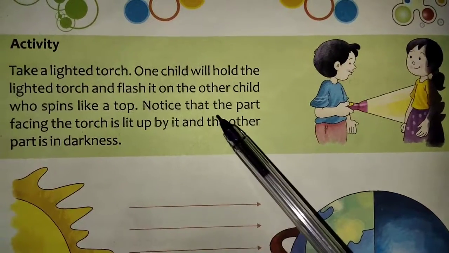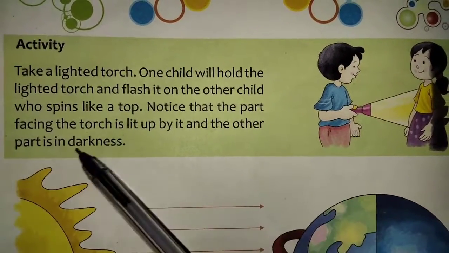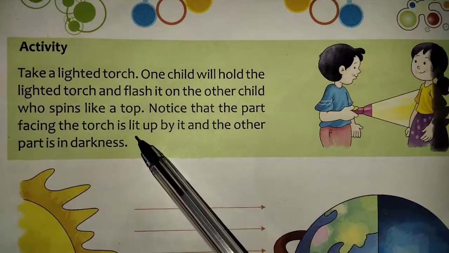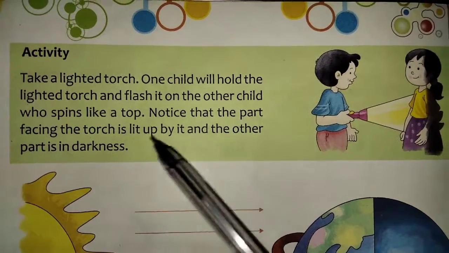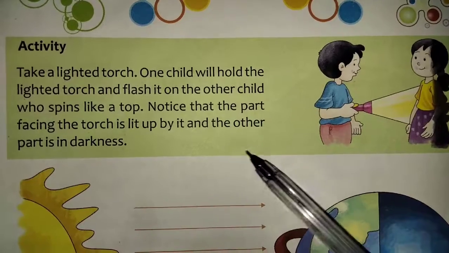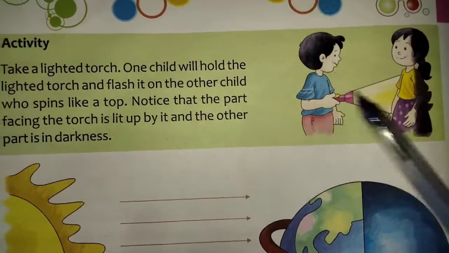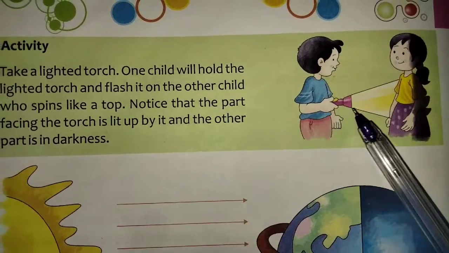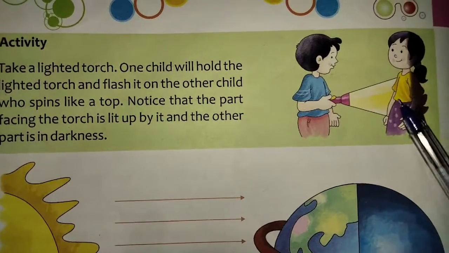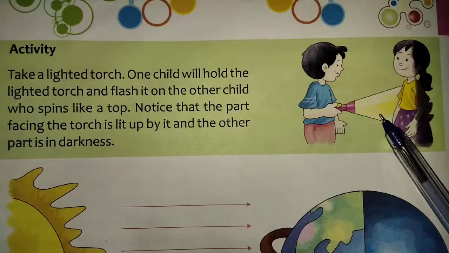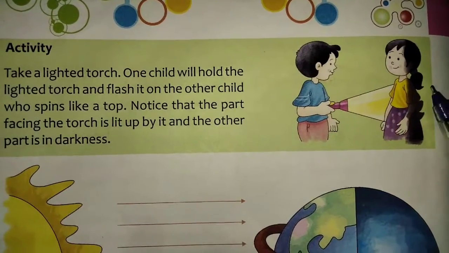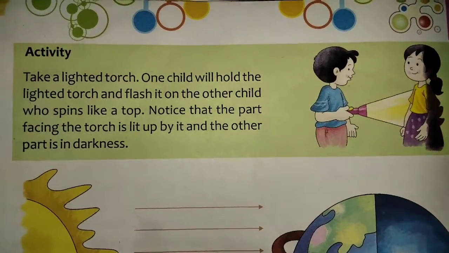Notice that the part facing the torch is lit up by it and the other part is in darkness. You can see here this boy is flashing the light. The first front face is visible and the back side is feeling darkness.